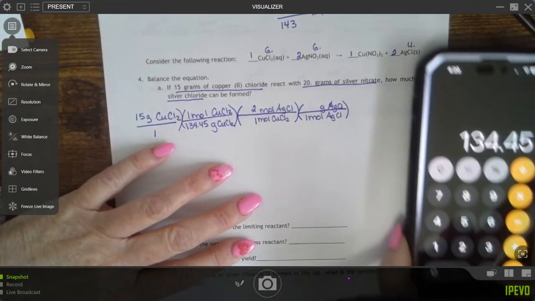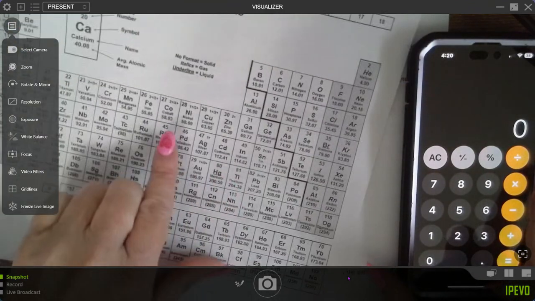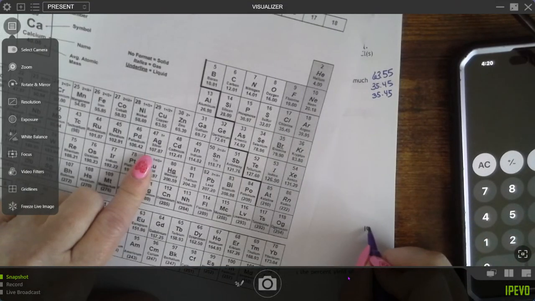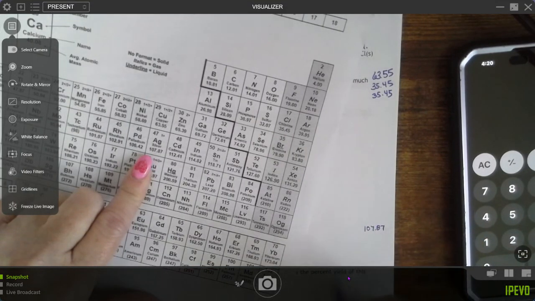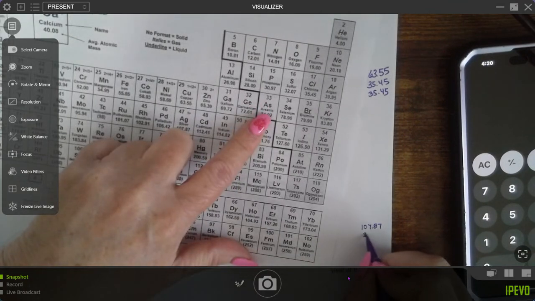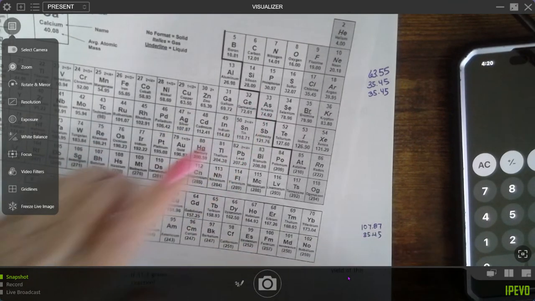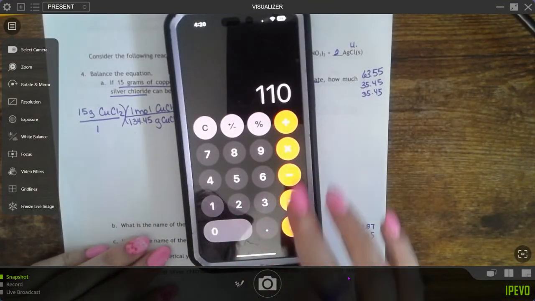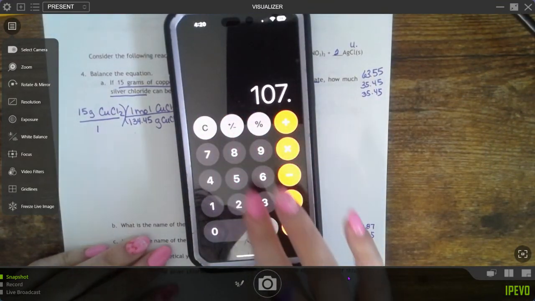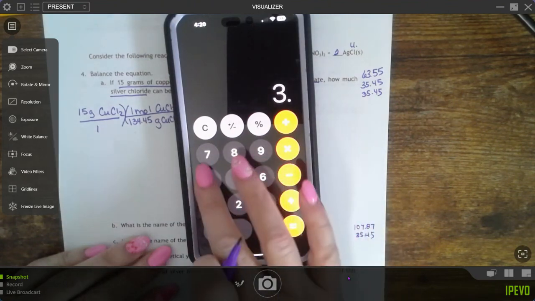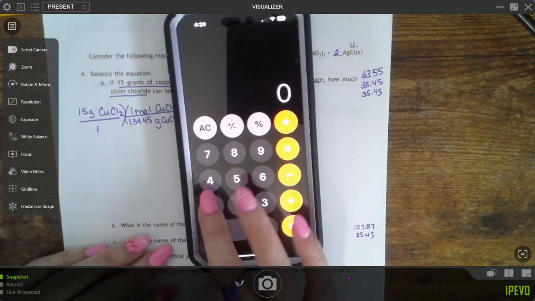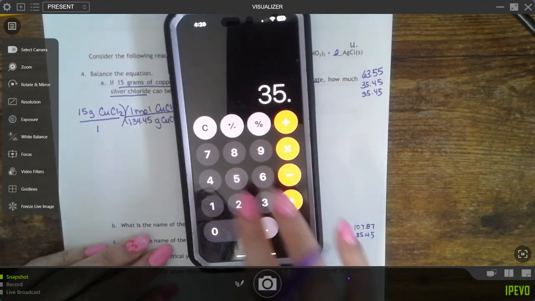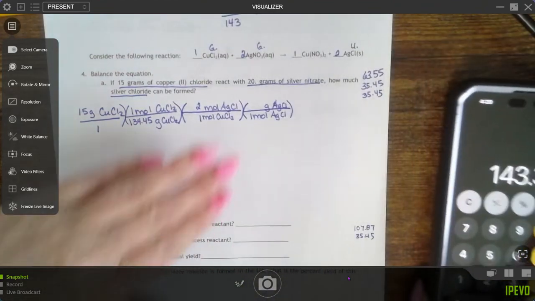All right, and let's see, the molar mass of silver is 107.87, and chlorine is 35.45. So 107.87 plus 35.45 is 143.32.